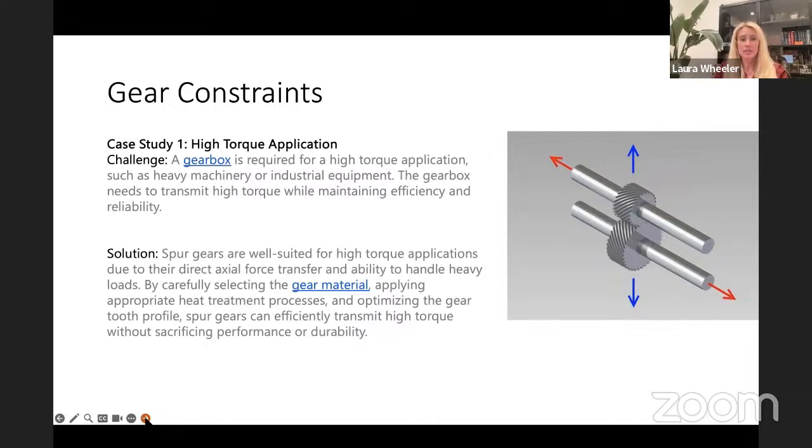So by carefully selecting the gear material and applying appropriate heat treatment processes, as well as optimizing gear tooth profiles, spur gears can efficiently transmit high torque without sacrificing performance or durability. So spur gears are a possible solution when we have the right engineering to address the problem of high torque.